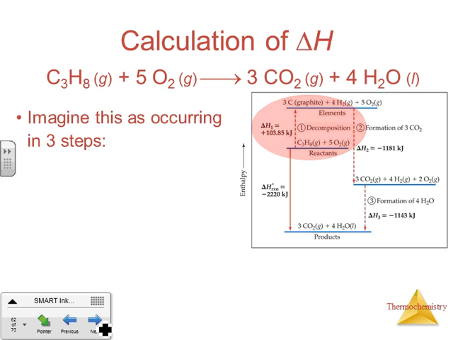Okay. Now we can think about this reaction as though it is occurring in 3 different steps. Okay. So the first step here we can think of, maybe this C3H8 is breaking apart into carbon and hydrogen. Okay. Now if you look at this, this is actually a heat of formation in reverse, right? Because in the heat of formation, we're making 1 mole of the product.